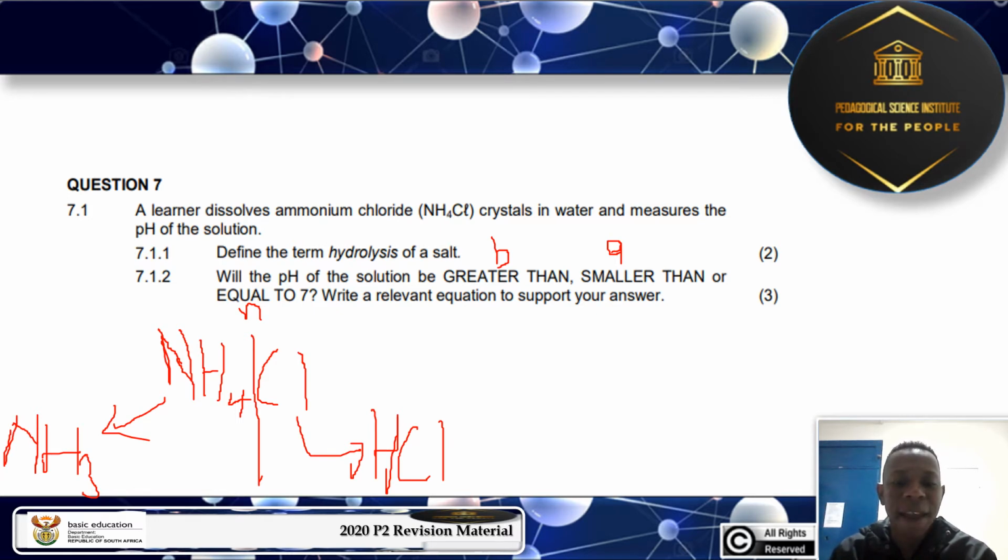I've taught you strong and weak. Hydrochloric acid, is it a weak or a strong acid? Hydrochloric acid is a strong acid. What about ammonia, a weak or a strong base? Ammonia is a weak base, meaning a strong acid reacted with a weak base. Which one is going to dominate between the two? Obviously, because the acid is strong, the salt is going to be acidic.